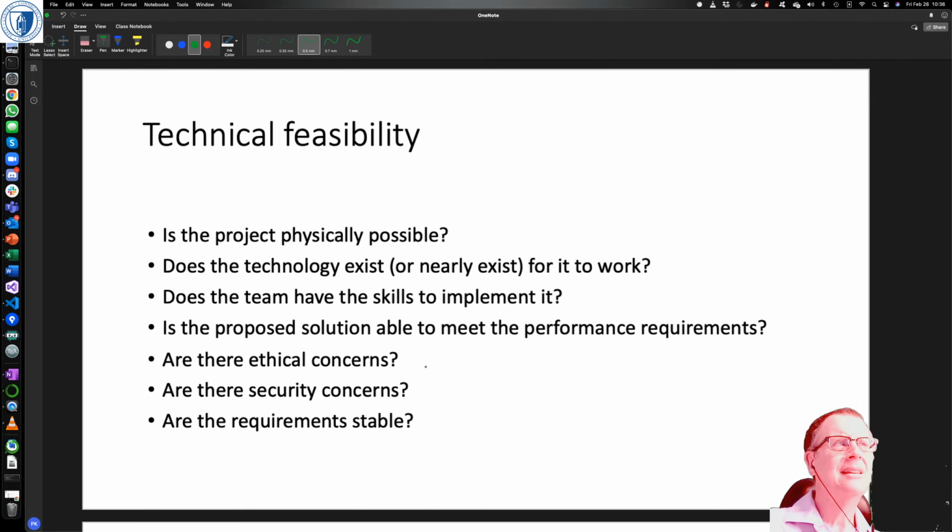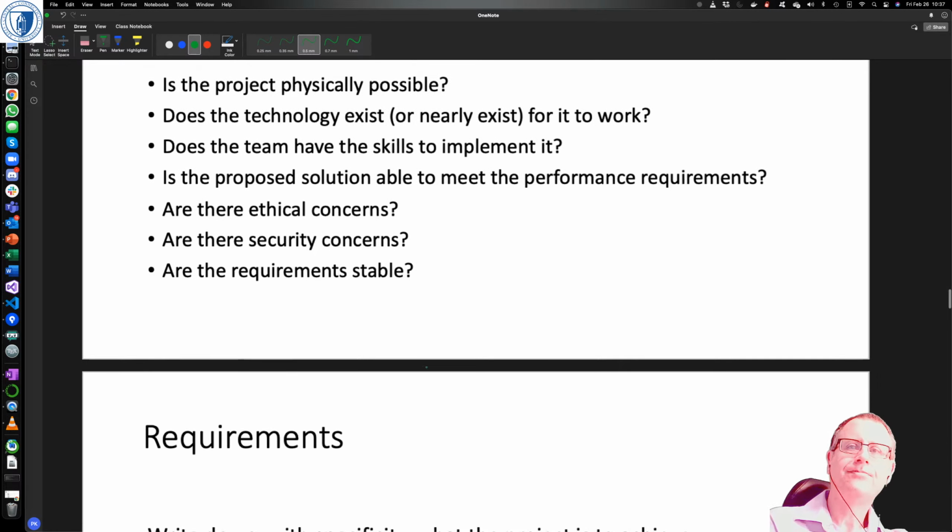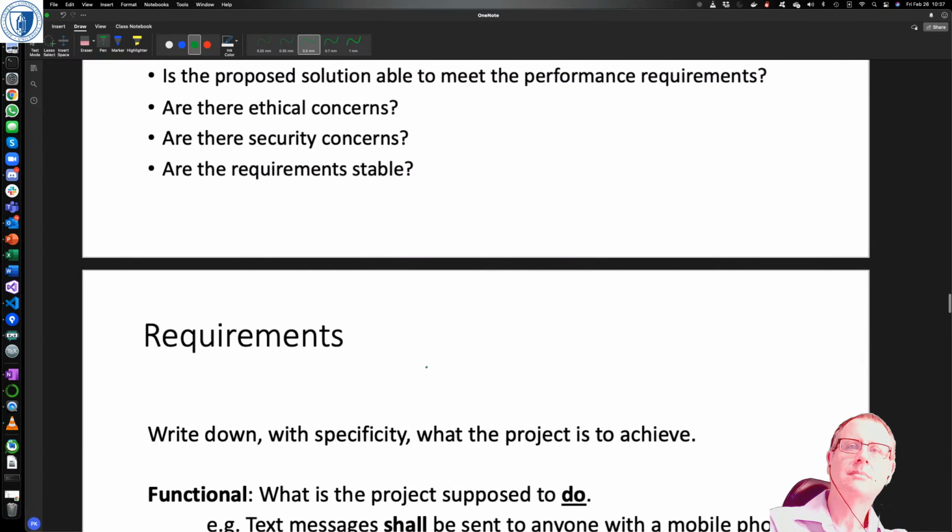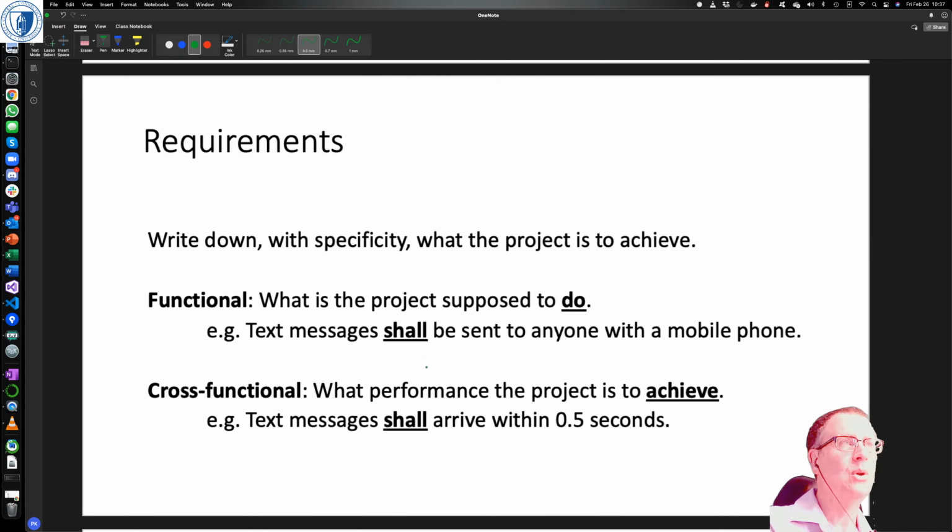And then the last thing there is, are the requirements stable? Have we made up our minds on what we're going to build? Right? Sometimes things change, particularly in companies. Sometimes things change on a daily basis. And that's what I said earlier about what a requirement is. The thing with ideas is you can speak them really easily. It's very easy to just talk about ideas.